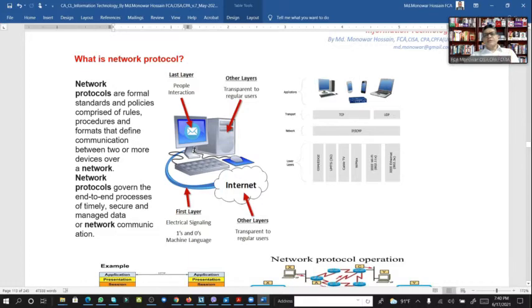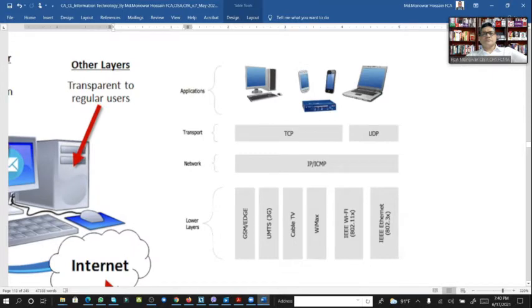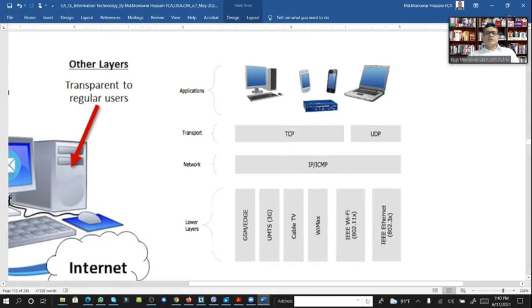Here, if you see, look. Here the application is on the upper side, here the transport is TCP and UDP, and within the network there are IP and ICMP, and the lower layer includes all of these.